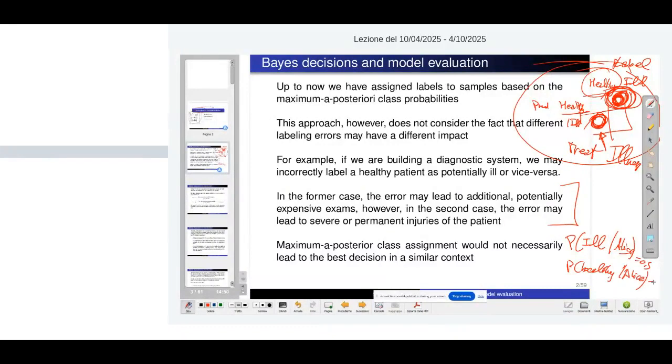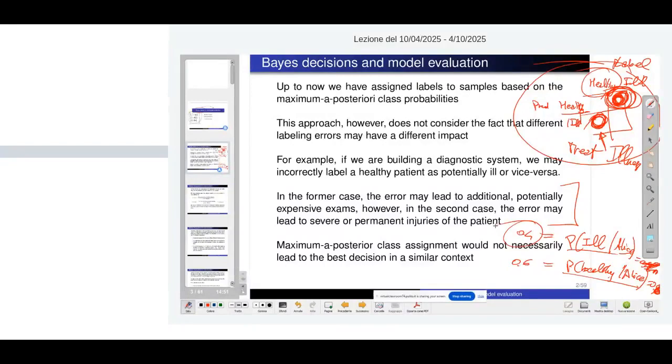But if I don't treat, and Alice was ill, then she will die, then in this case I would probably decide that it's better to treat her in any case, just to be on the safe side. So I will not use the posterior probability alone, even if they are slightly biased towards being healthy. So for example, this is 0.4 and this is 0.6.